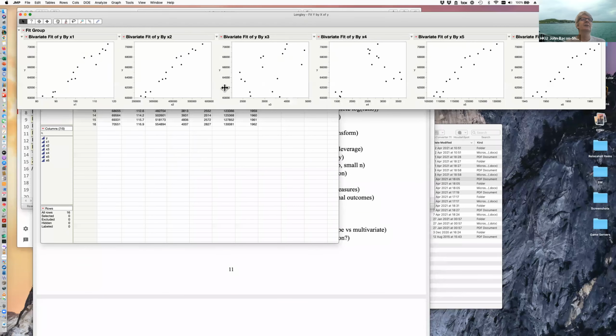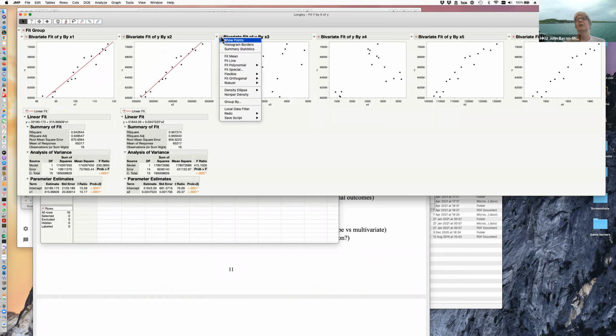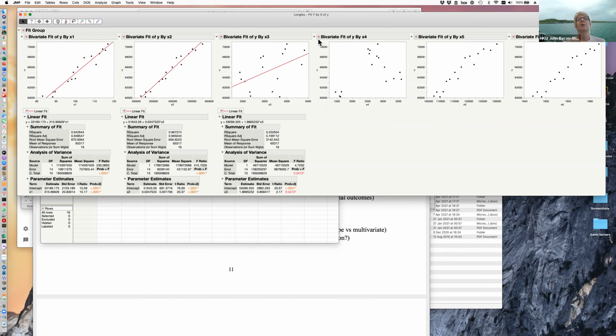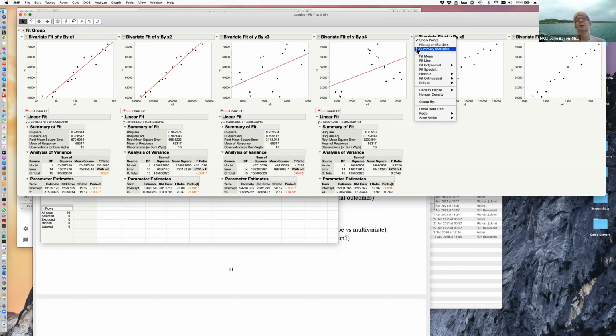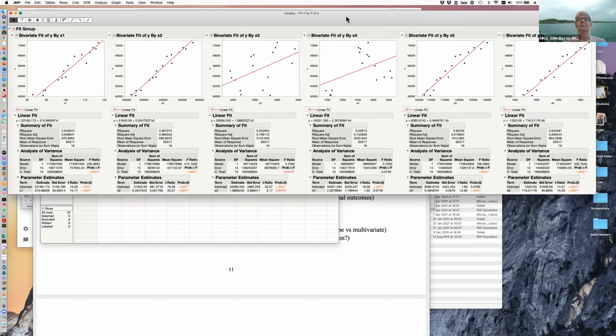So if we do this, it gives us all the graphs. So I want you to do fit line for each of these 6 models. X1, X2, X3, X4, X5, and X6. Okay.